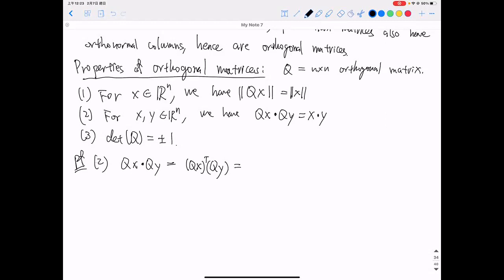Now this is, by the property of transpose, x transpose Q transpose Q y. And you can choose to compute the product in the middle first. But what is it? Q transpose Q is by definition the identity matrix. So you just get x transpose y, which is x dot y. That's 2.